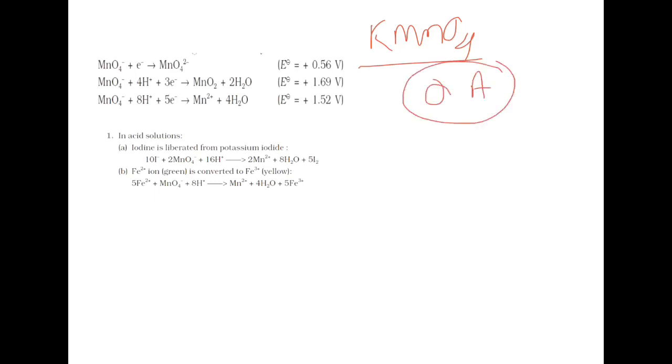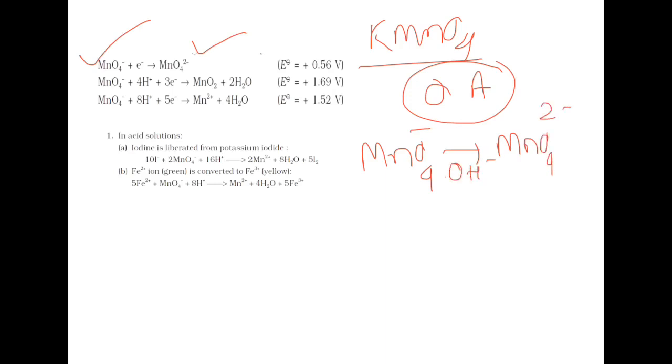Then the properties of potassium permanganate. Potassium permanganate can act as a strong oxidizing agent. In different medium, it is converted to different forms. For example, MnO4 minus in a basic medium is converted to manganate form.